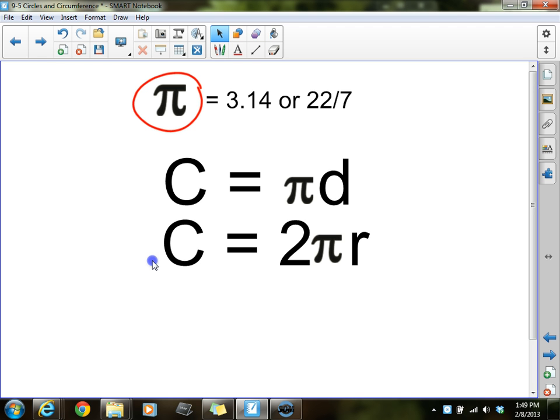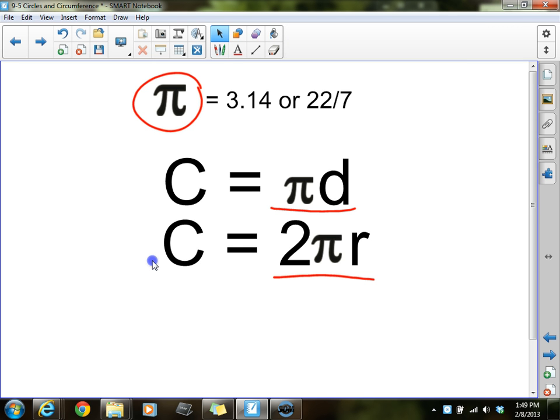Now, the formula for finding the circumference, or the distance around a circle, is pi times the diameter, or pi d. This is if I know the diameter. If I only know the radius, I would use this formula, 2 pi r.